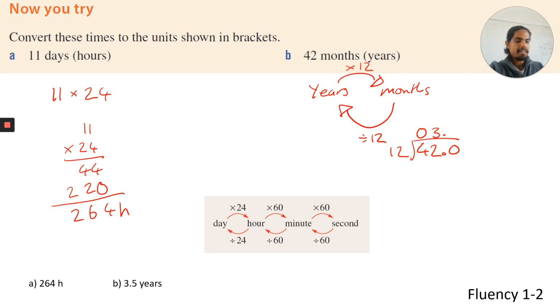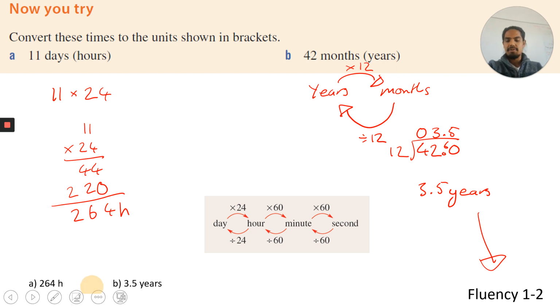Right, we had a remainder of 6 left over. 12 goes into 60 5 times. So we then have our answer 3.5, and our units are years. Right, so now if you haven't already, have a go at those fluency problems at the level that you are working at.